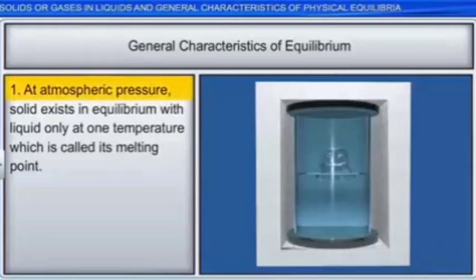First, at atmospheric pressure, a solid exists in equilibrium with its liquid only at one temperature, which is called its melting point. For example, at atmospheric pressure, ice exists in equilibrium with water at 273 Kelvin.